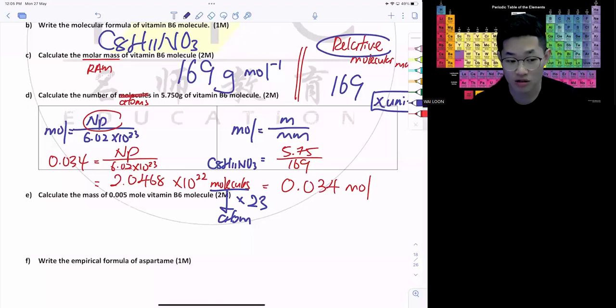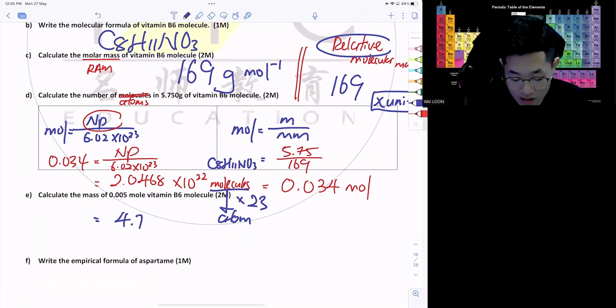So I times 23 to get 4.708 times 10 to the power of 23.